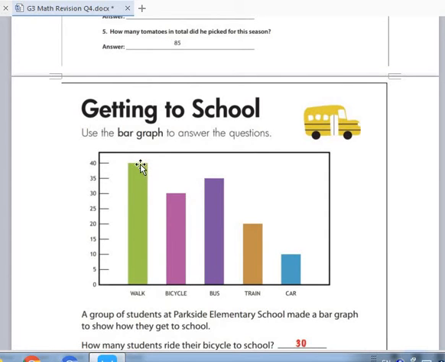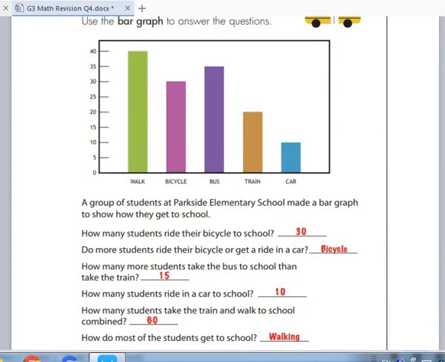Here I have 40. By bicycle, I go up the purple one, 30. By bus, here I want to see 35. And by train, 20. And by car, 10.